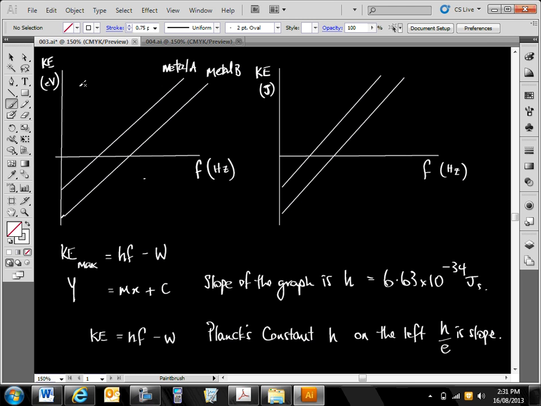For this one here, hf minus W is actually h on e times f minus omega, and that's in eV, and K max is in eV. So if I have my kinetic energy written in eV and my work function written in eV, then the slope of the line is actually h on e. All right.